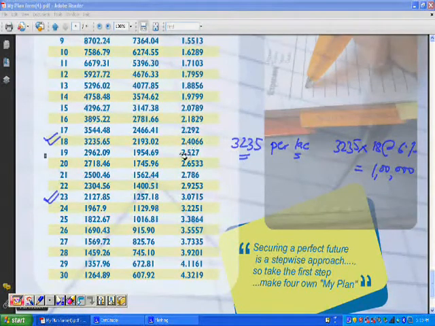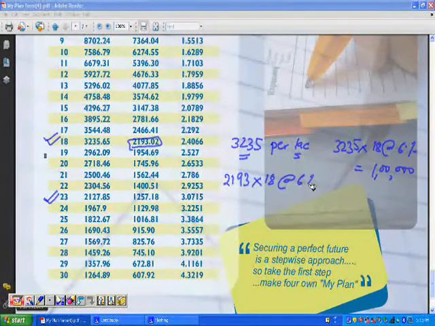And this figure, if you have a look at this one, this says 2193 in 18 years at 10% would give you 1 lakh. Right, so I hope these two things are absolutely clear.